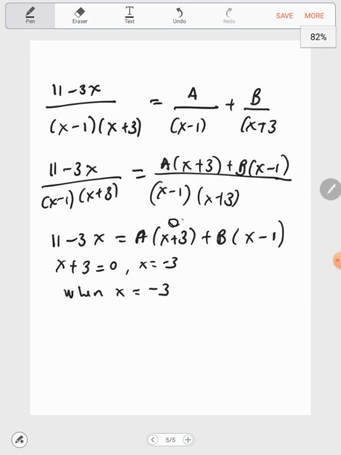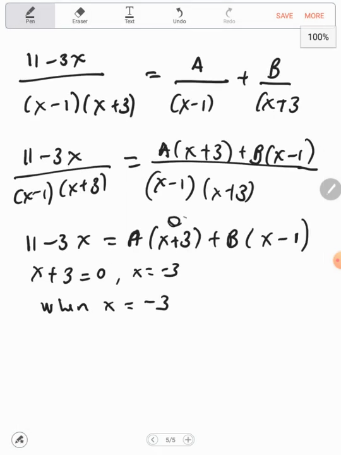Let's replace. 11 minus 3 times minus 3 is equal to, there you have 0, B times minus 3 minus 1.